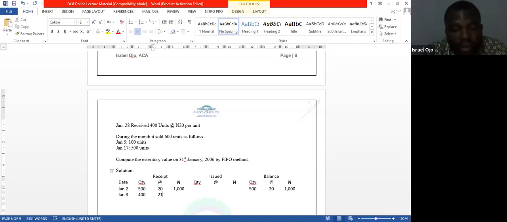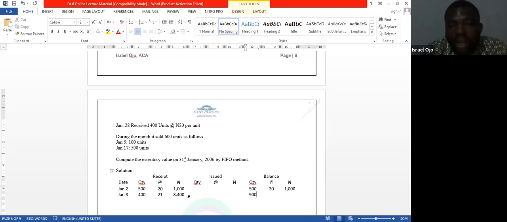If we multiply 400 by 21, that will give us 8,400. Now for the balance under quantity, you have 500 from January 2nd. Now 400 have been added to it. It will now be 500 plus 400, that will give us 900.